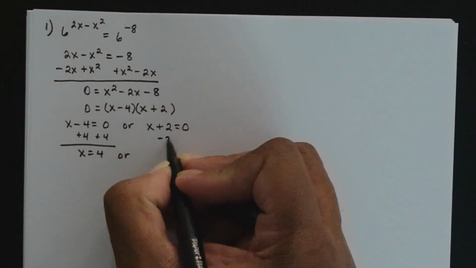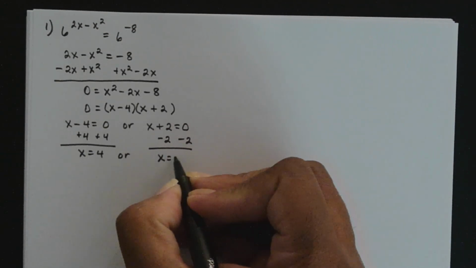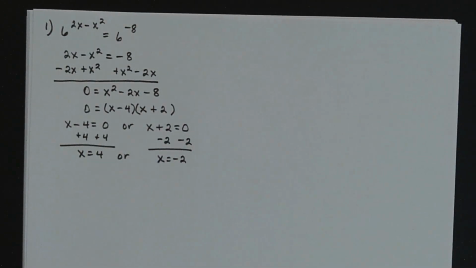And for x plus 2 equals 0, that means x is equal to negative 2. So 4 and negative 2 are the two solutions for this exponential equation.